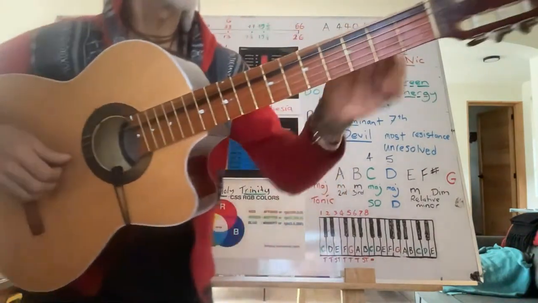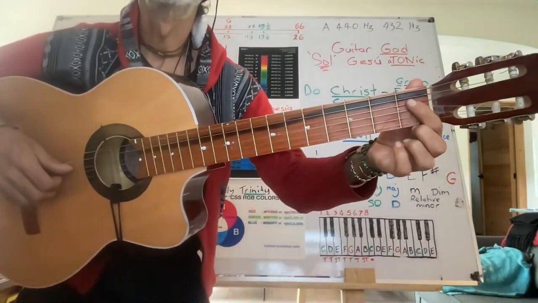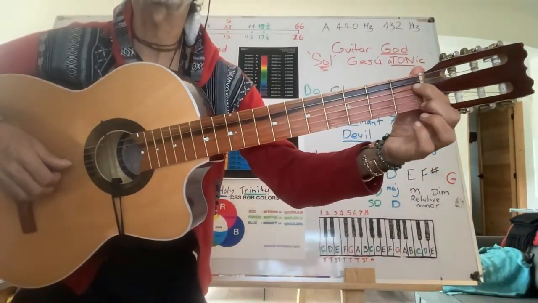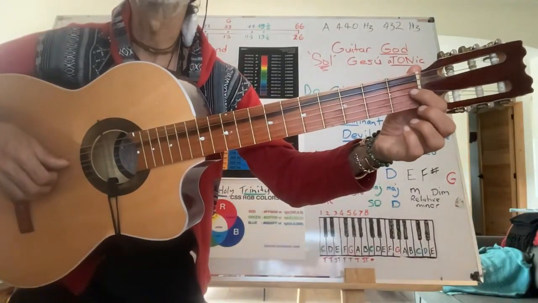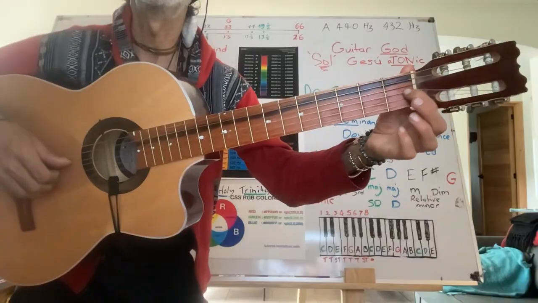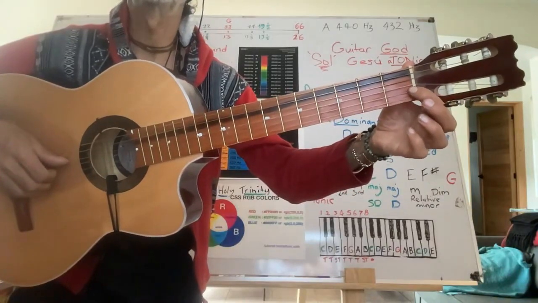Okay? Which are, this one doesn't get touched, it stays like a D. This is a G, and this is the main string, the G string, okay? And then this is a B.